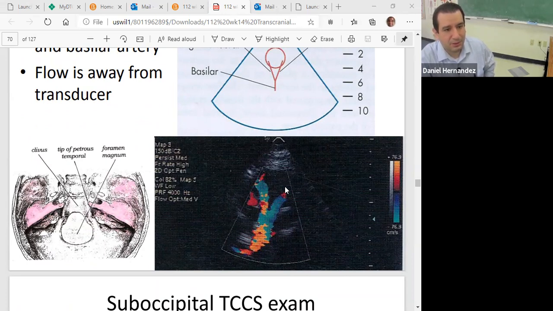So we have our right and our left vertebral artery coming together, joining the basilar artery, and this is all flowing away from the transducer, so it's in blue. So you can see with the TCCS, when we're able to get a picture, we can clearly visualize that junction, or that union, of the vertebral arteries into the basilar artery.